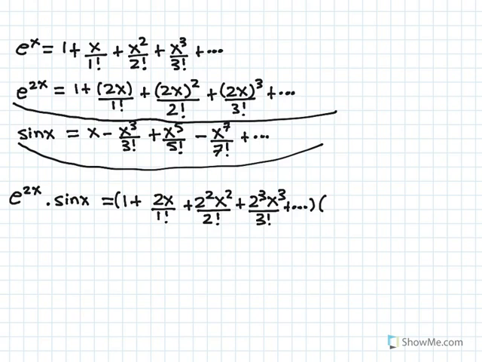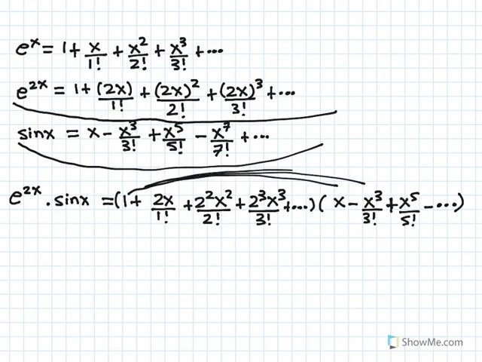Multiply this by the Maclaurin series of sine x: x minus x cubed divided by 3 factorial plus x to the power of 5 divided by 5 factorial and so on. Alright, so now let's do the multiplication. We're going to FOIL out these two polynomials. So let's start with the first term 1 and multiply it by every term in the second expression.